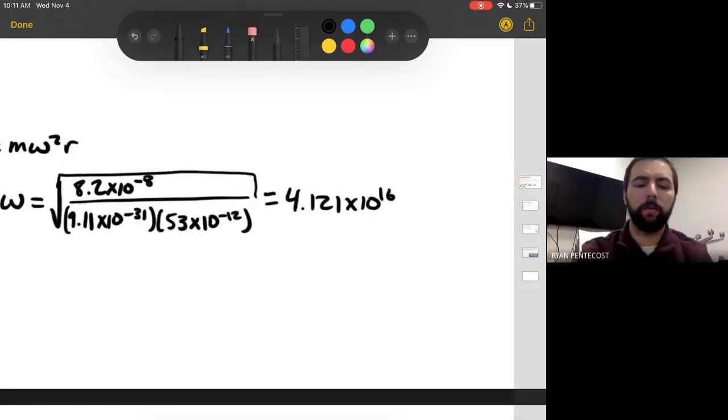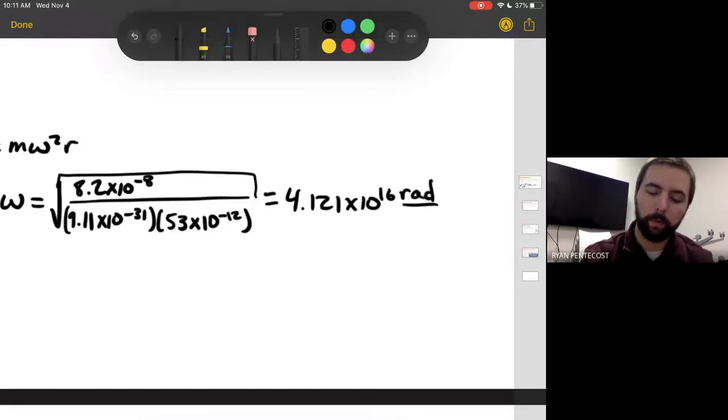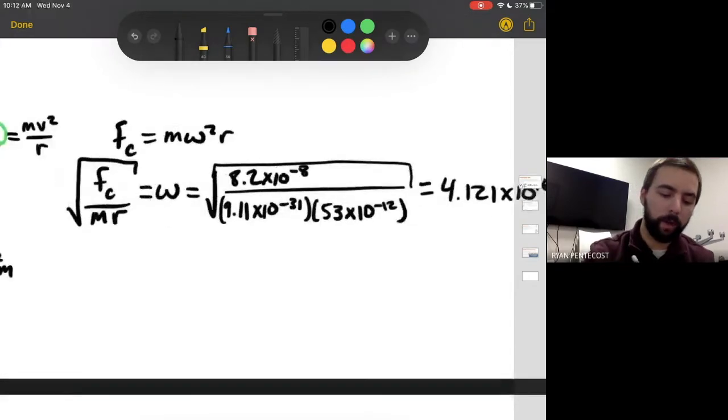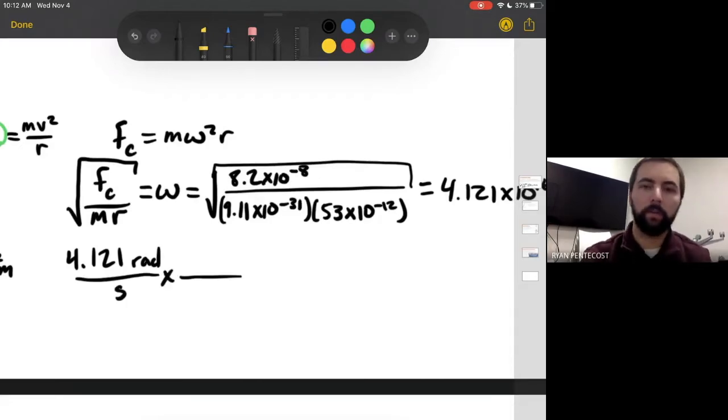And what unit does that naturally have? So naturally, omega is going to give us radians per second, but we need revolutions per second, right? So let's move on down here. If we take 4.121 times 10 to the 16th radians per second, how can we convert radians into revolutions?